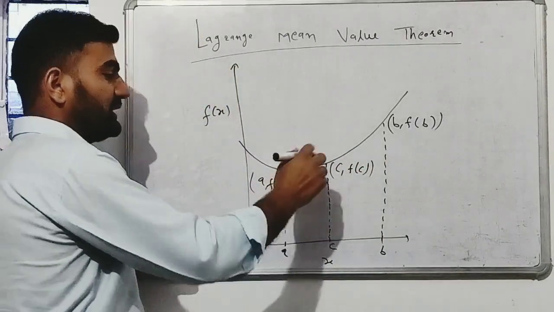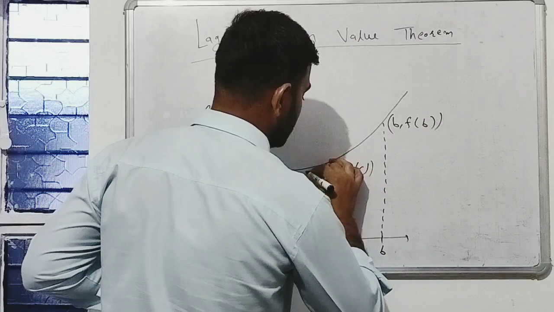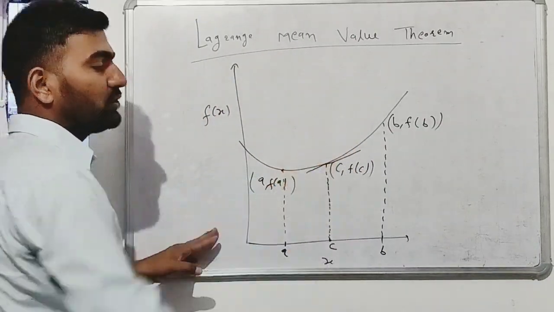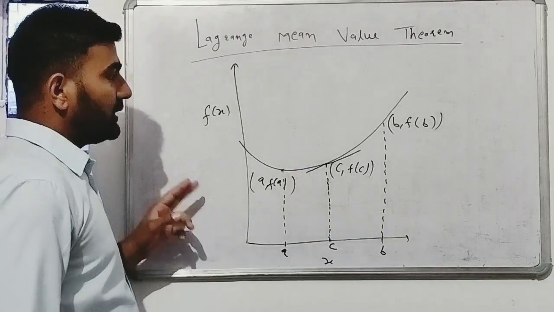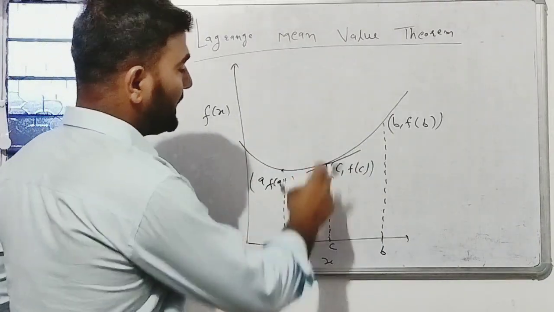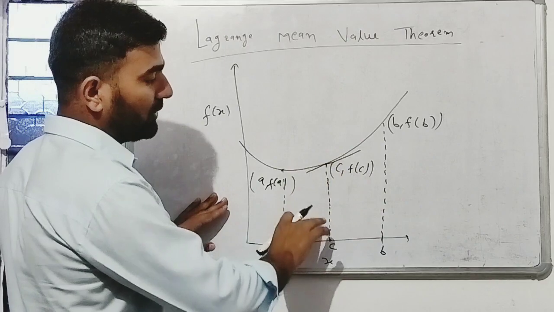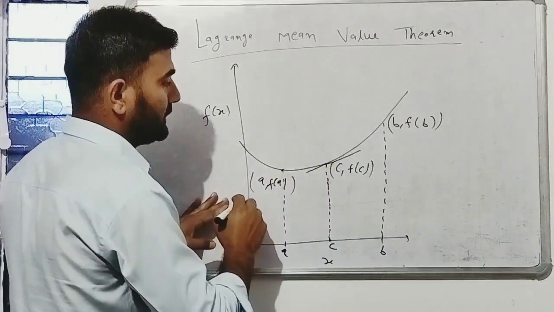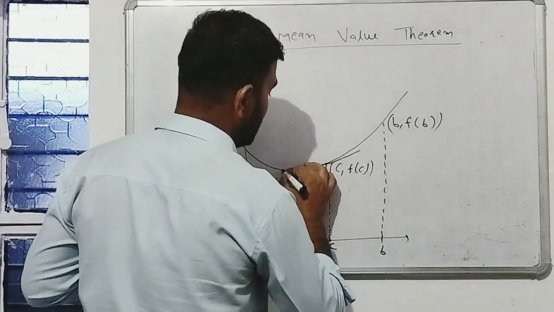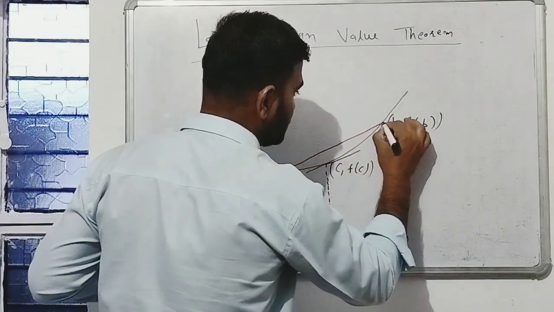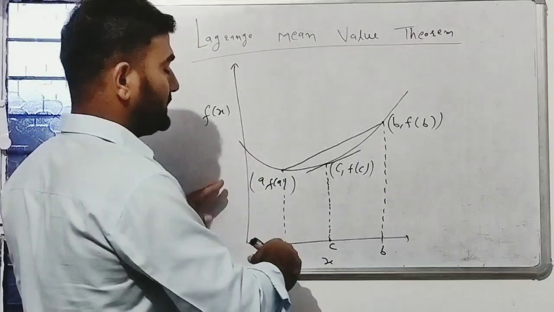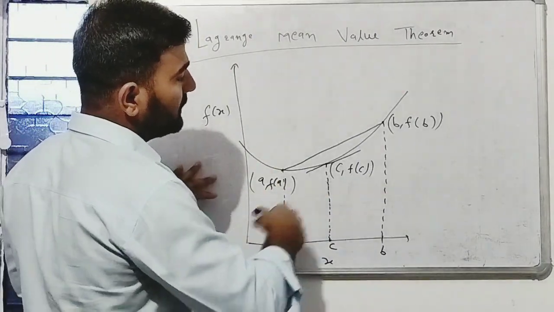If we draw a tangent at this point, then the slope of the tangent will be f dash c, which, according to the theorem, equals f(b) minus f(a) upon b minus a. That will be the slope of this line in the xy coordinate system.